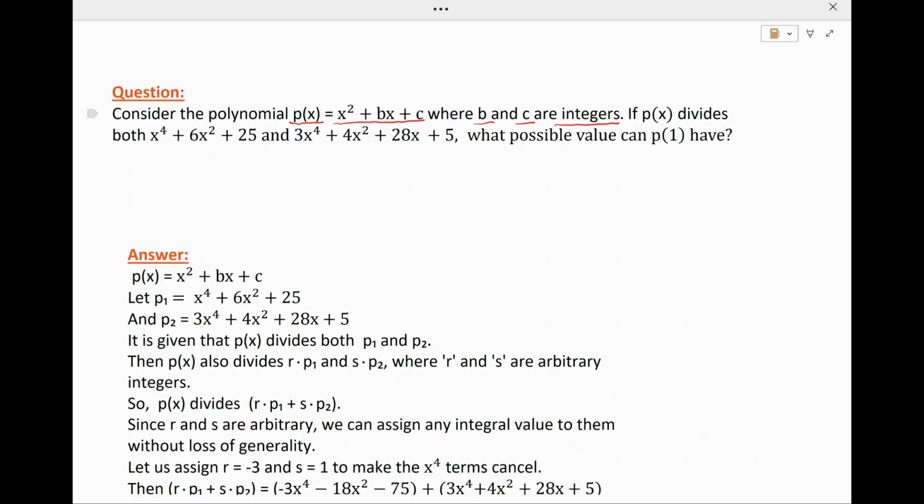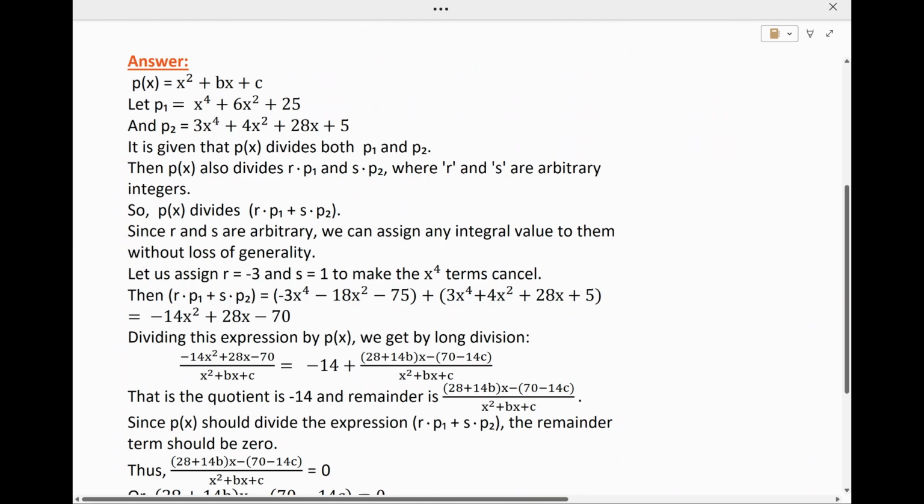If P(x) divides both x⁴ + 6x² + 25 and 3x⁴ + 4x² + 28x + 5, then what possible value can P(1) have?